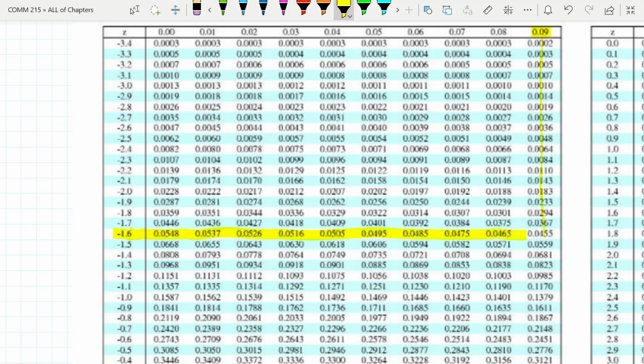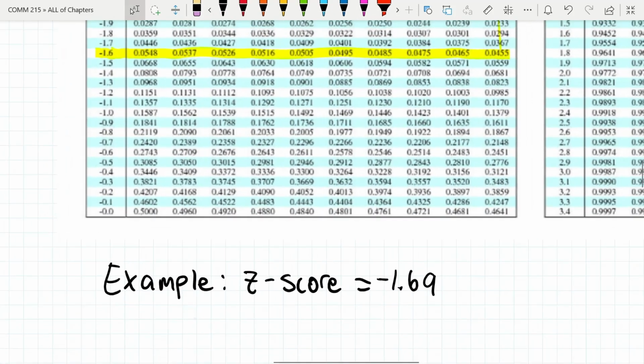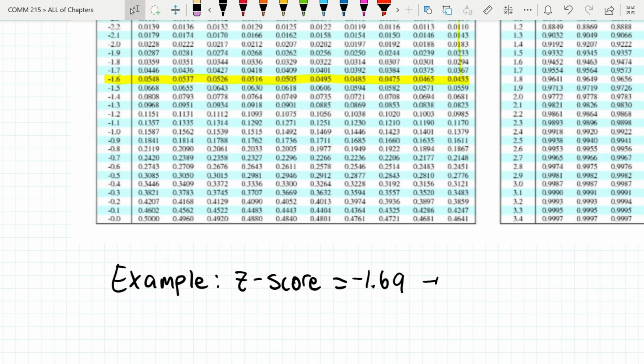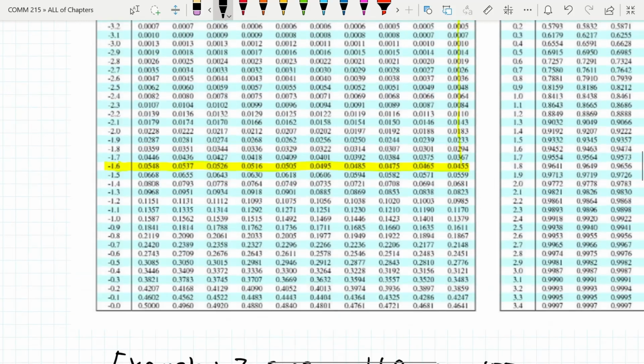They meet at 0.0455. Let me write that down. So it has a probability of 0.0455, and that means the area to the left.